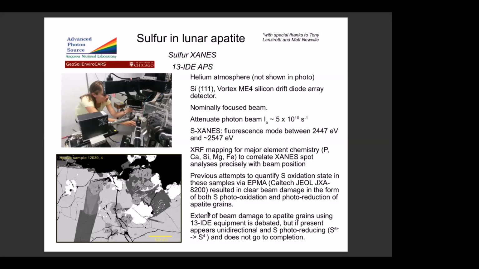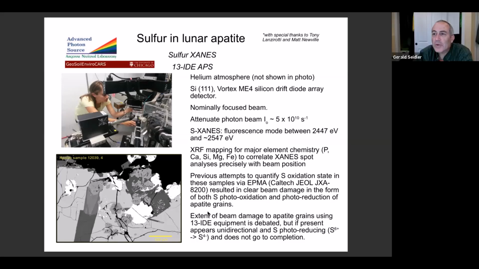This is about as good as we can do right now. Actually, we're in the process of commissioning a larger detector, but we don't know that that will actually be a bigger solid angle and total counts for sulfur, especially. I see. That of course would have a high bearing on the beam damage question, just being able to collect the fluorescence faster.